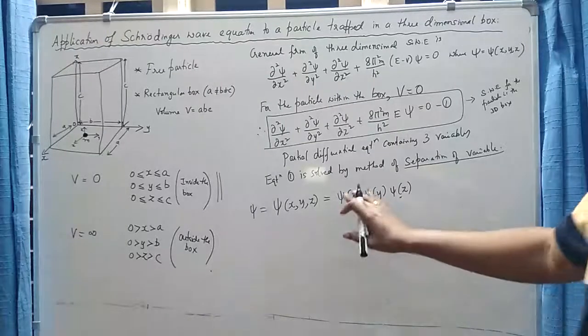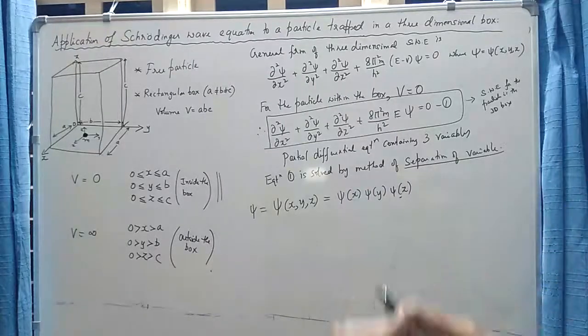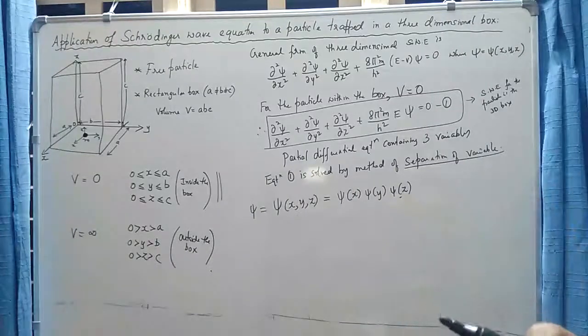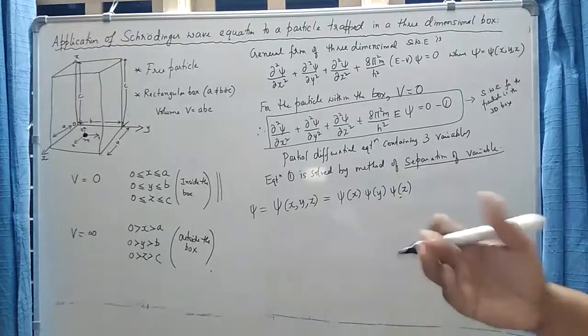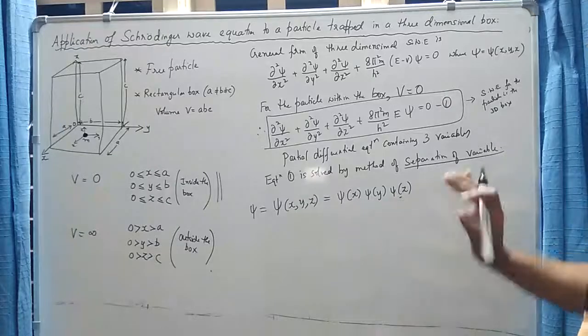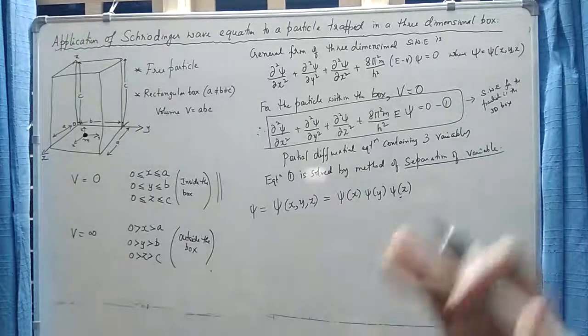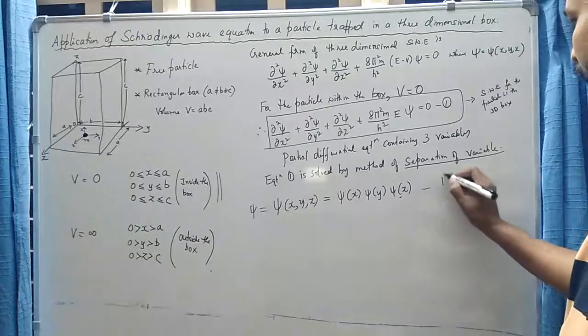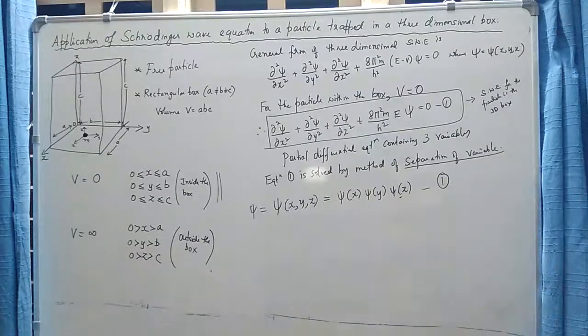So the first function depends on one variable, the second function depends on the second variable, and the third function depends only on the third variable. So the overall wave function, which depends on three variables, is now factorized and written as a product of three functions where each function depends only on one variable. This is the first and key step in the method of separation of variable.